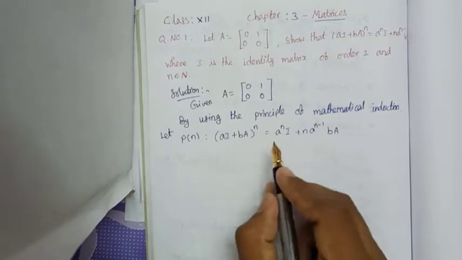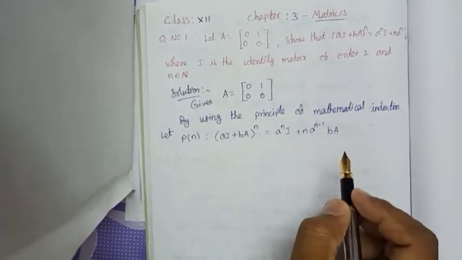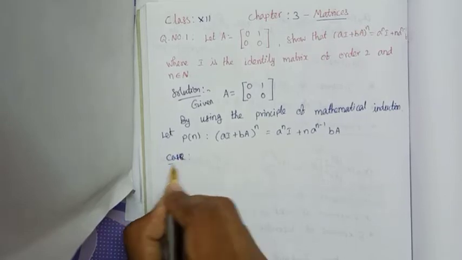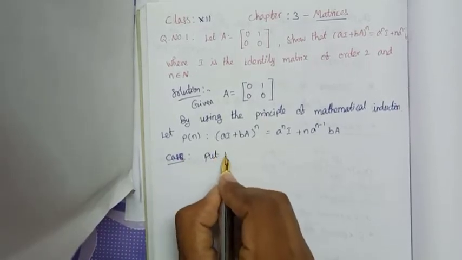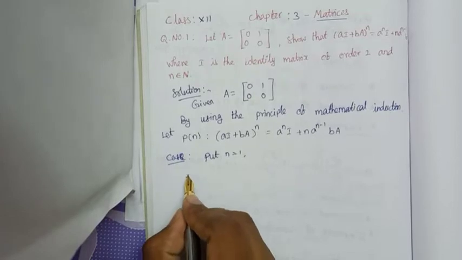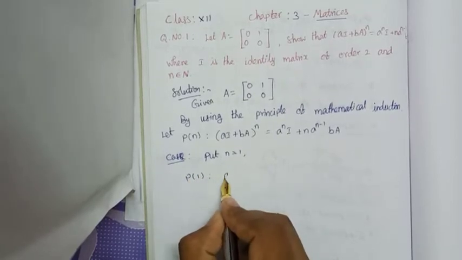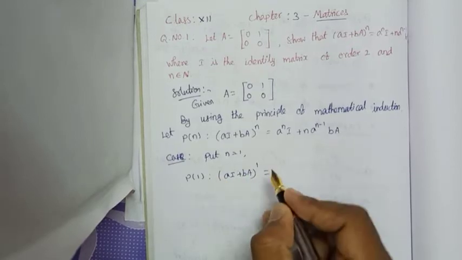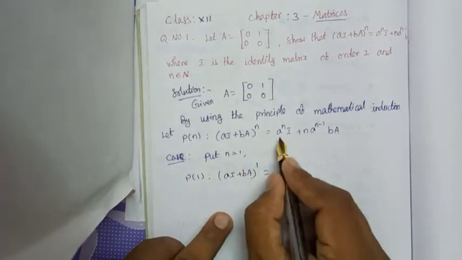We have three conditions for the principle of mathematical induction. The first case: put n equal to 1. So that is P(1), such that (aI + bA)^1 is equal to, that is, n replaced by 1.